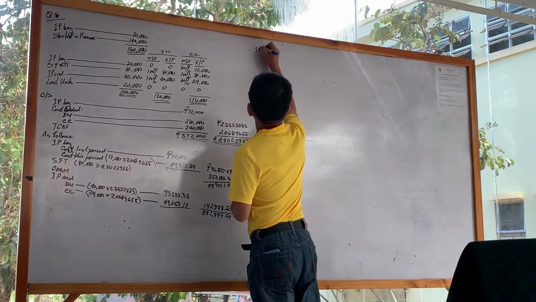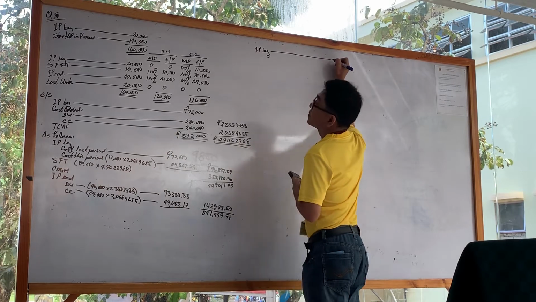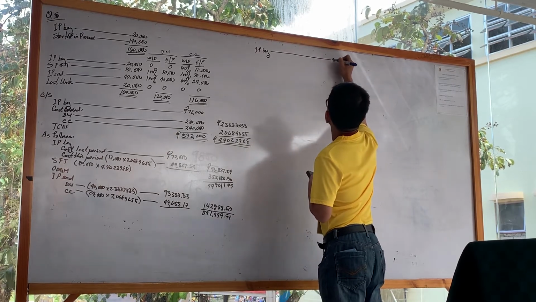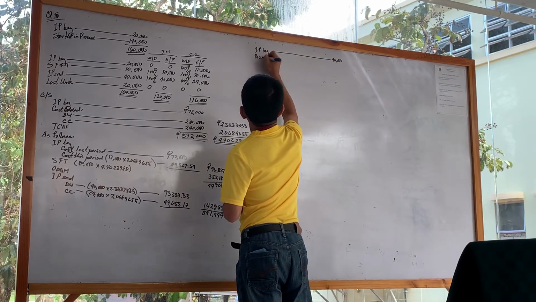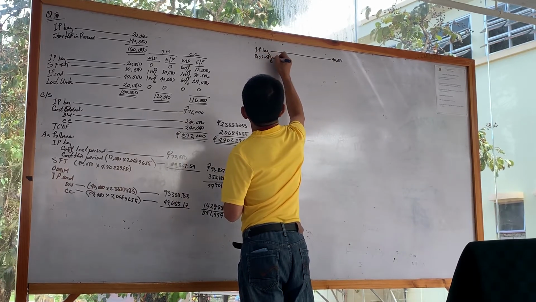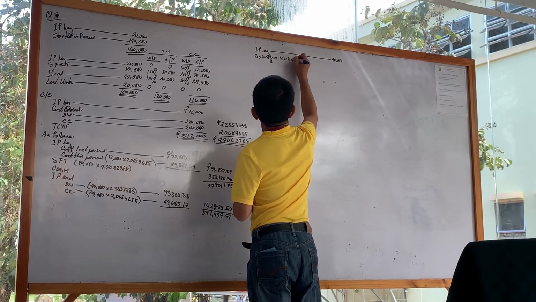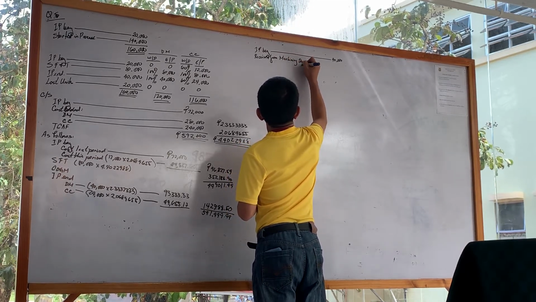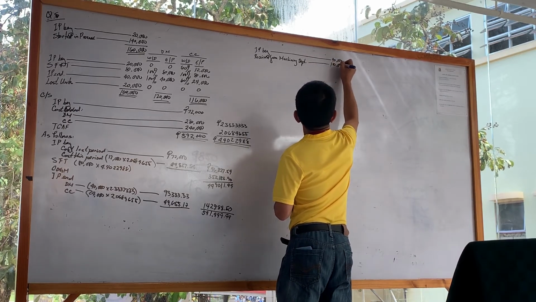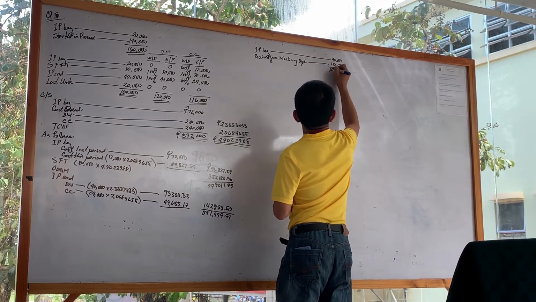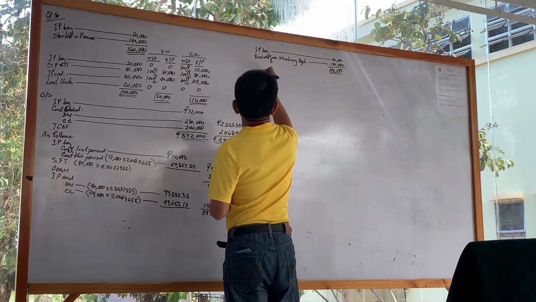In process, beginning, how many units? 40,000 units. Received from machining department 100,000. Total 140,000. Accounted as follows.